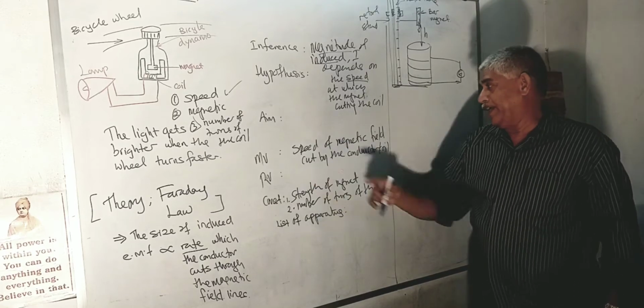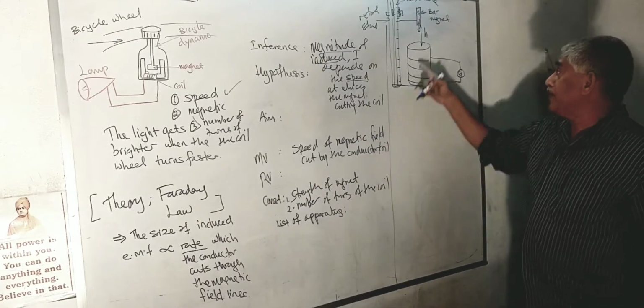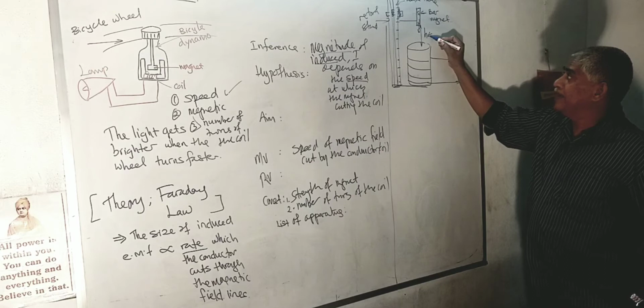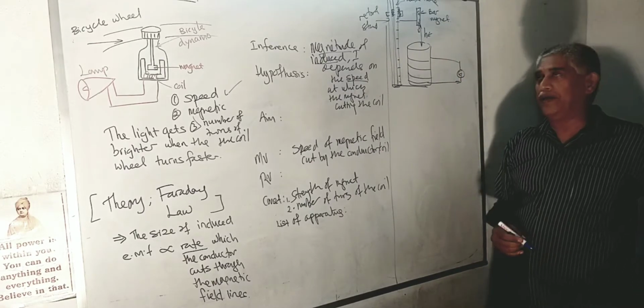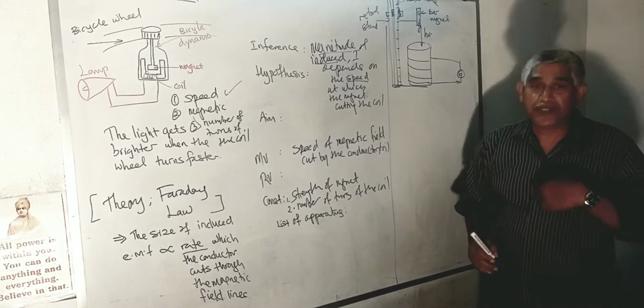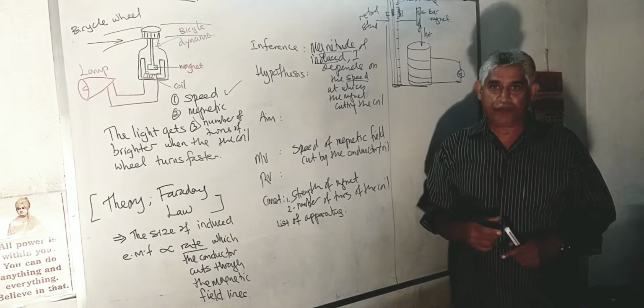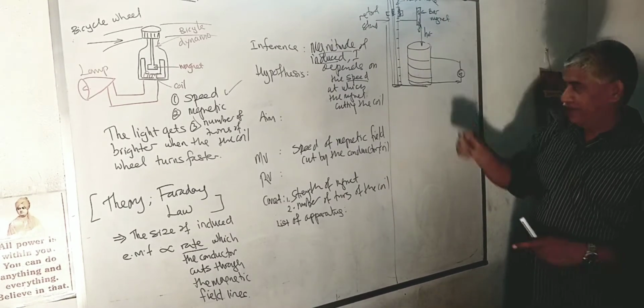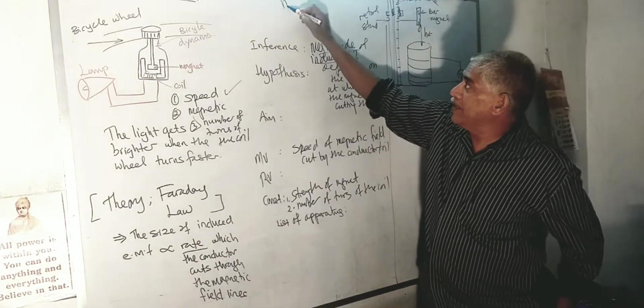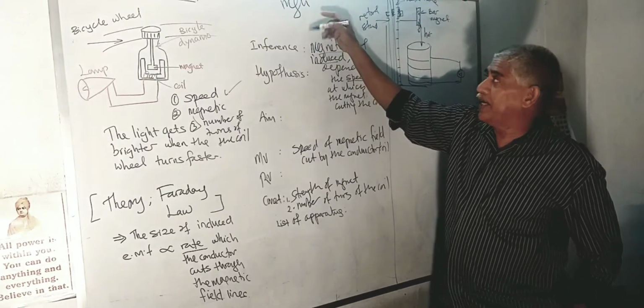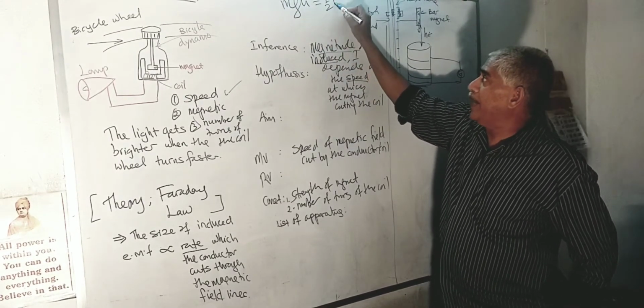Here the responding variable, the speed, we operationally define the speed with the height. Because you know that gravitational potential energy becomes kinetic energy.